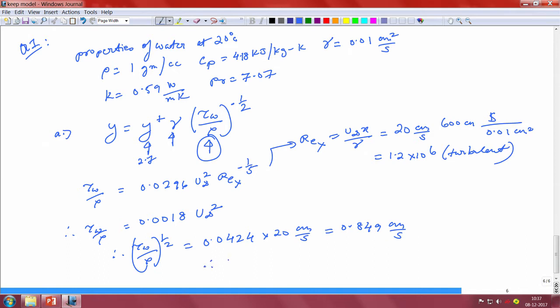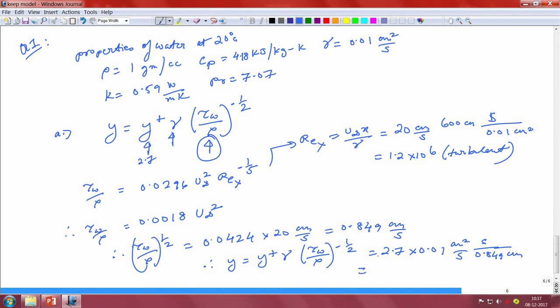So, your y is equal to y plus gamma divided by tau wall by rho raised to the power of half. This is 2.7 into 0.101 centimeter square per second divided by 0.849 centimeter per second.